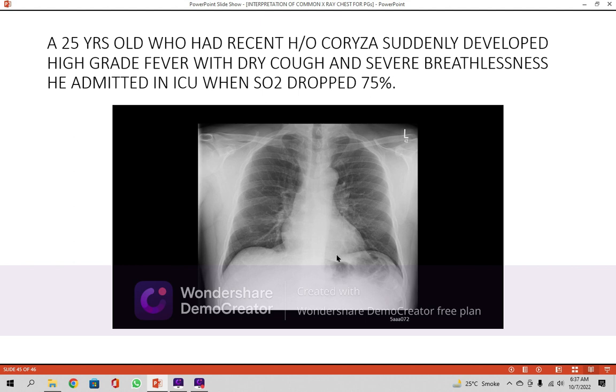The general measures will help: if you are able to put this patient on ventilation and handle the patient properly, the chances of recovery will be better than going for fancy drugs which are claimed to be effective.